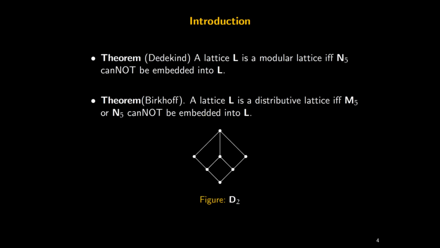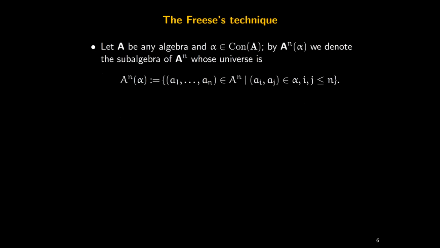So an example: D2 is not modular because it has a sublattice that is isomorphic to N5. That's all about the general introduction and what we need about classical results.